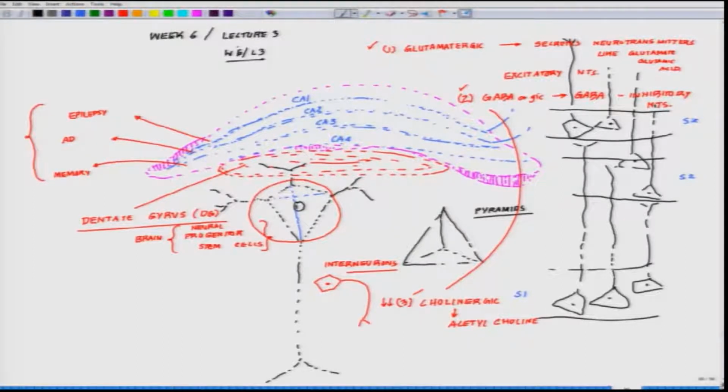Okay. So, what happens is that at certain small loci, wherever, and this is very difficult to pinpoint, there is a hyperexcitability.